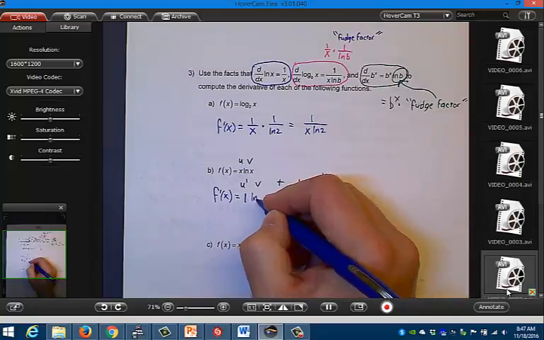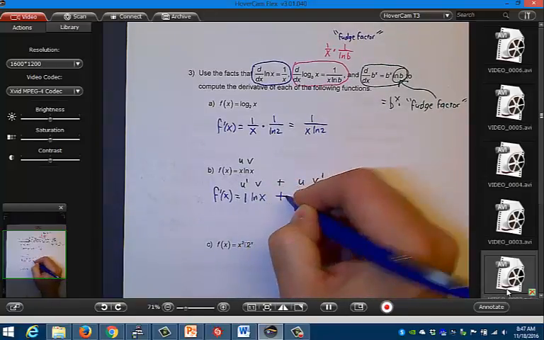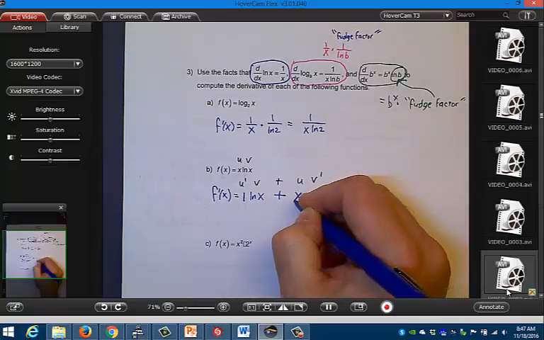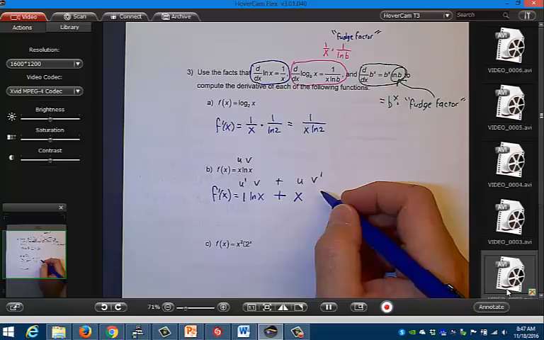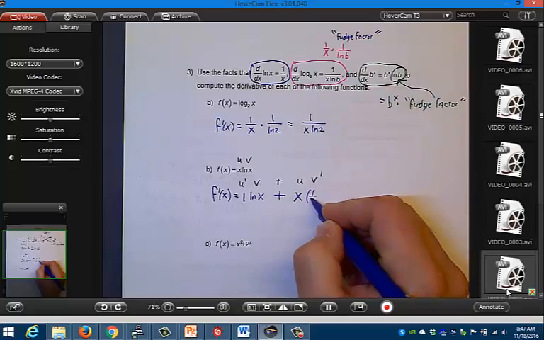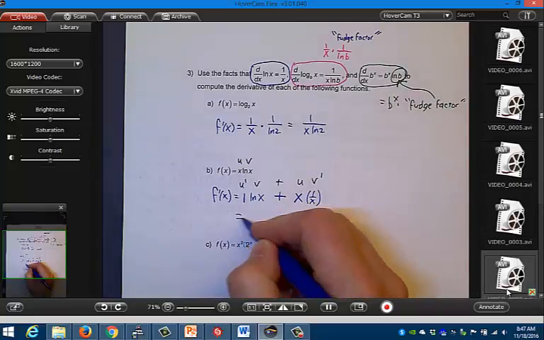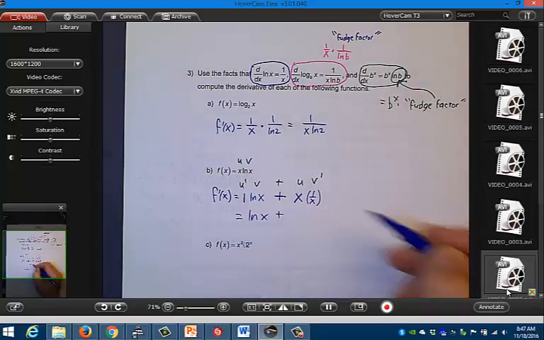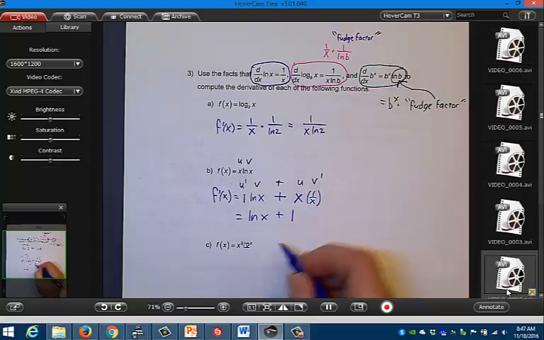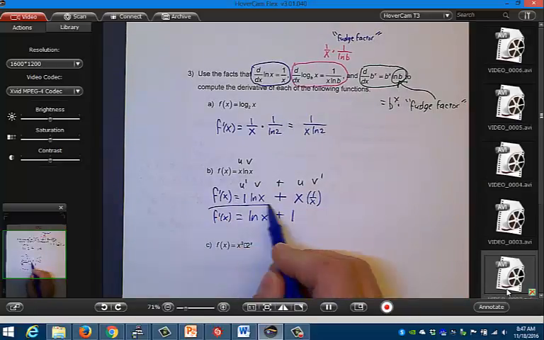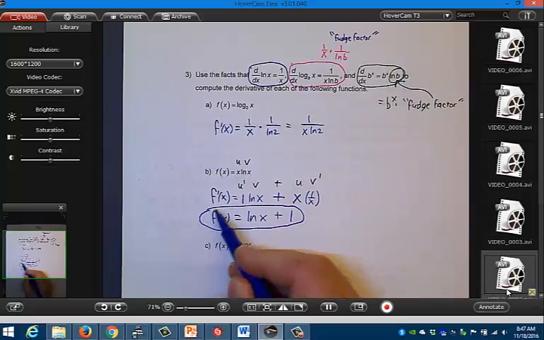Natural log of x plus, where it says u, I write x, and now where it says v prime, I write 1 over x. So this is a problem you could have had on last night's homework. Ln of x plus 1. There's part B.